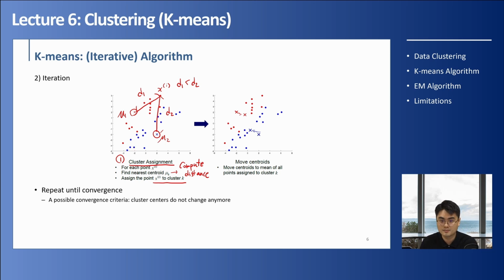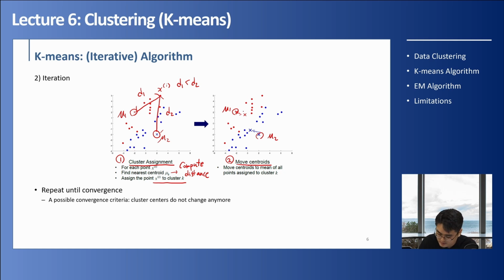Once we're finished with the cluster assignment of all of the data points, the next step is to move the centroids. Let's say this was our original mu1, and this was our original mu2. We're going to recalculate the mean coordinate of our clusters.